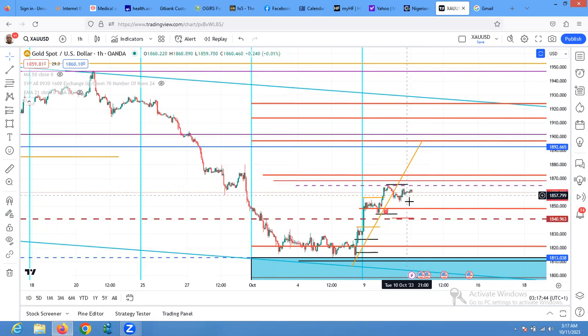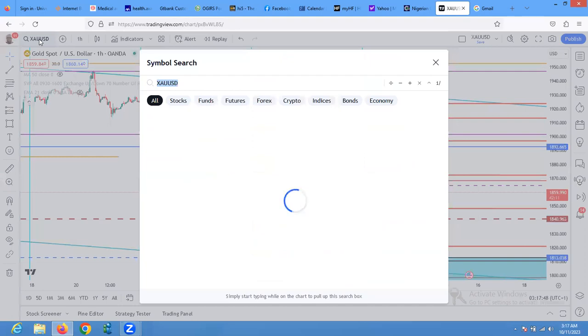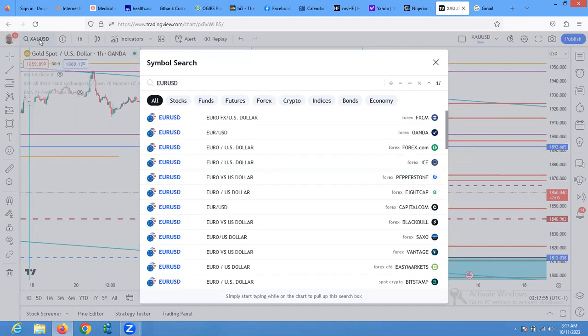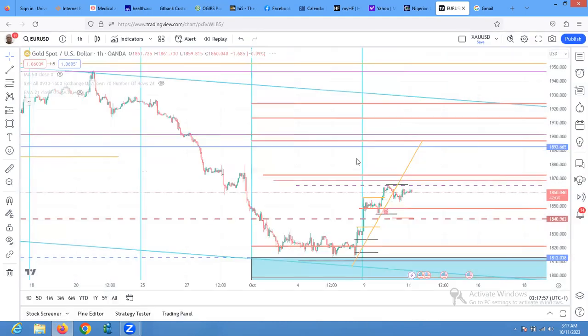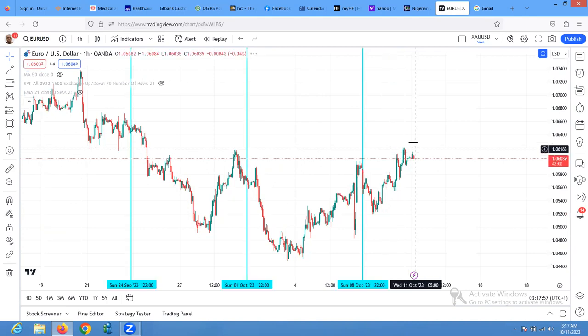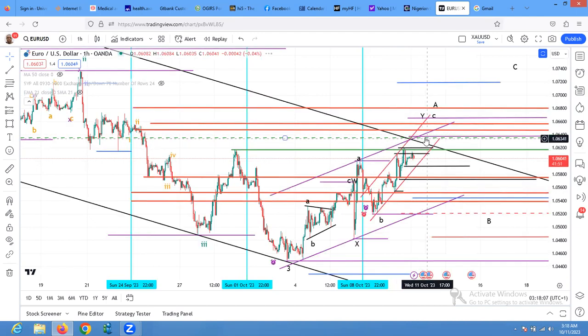If this one begins to break structure to the downside, we might be having a look at our EURUSD. If they want to finish it quickly, then once we get a reaction around this place, we are going to see the way and manner this is going to come down.